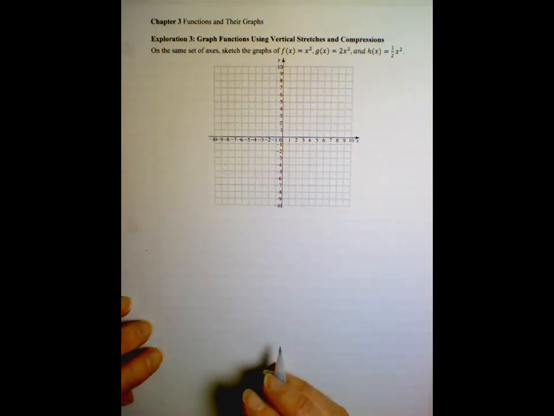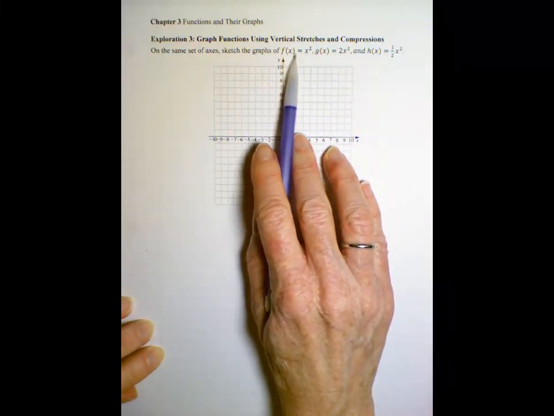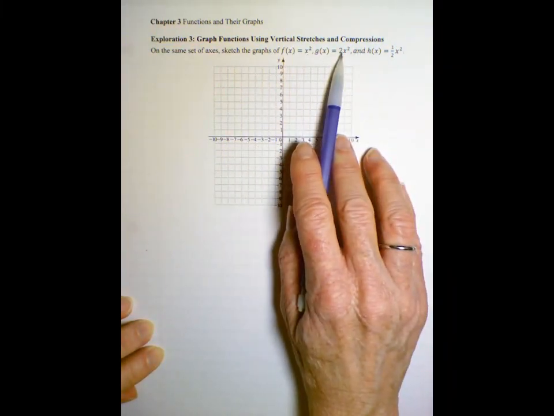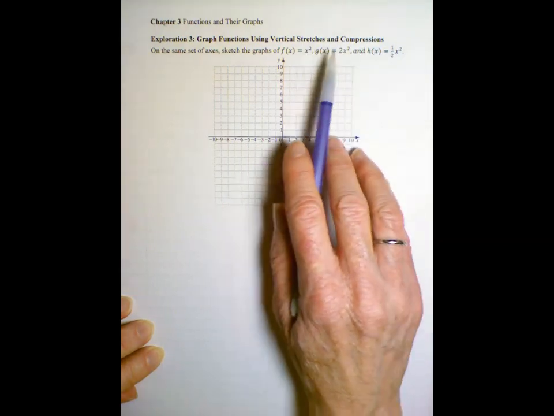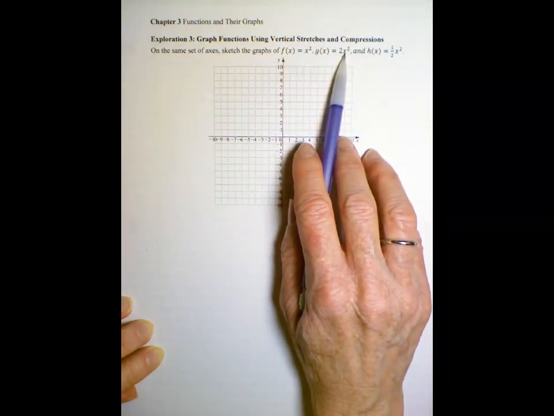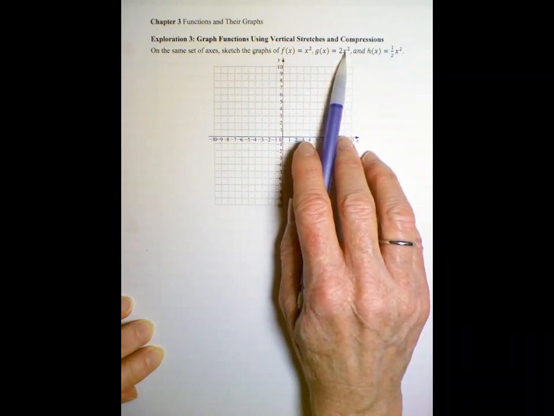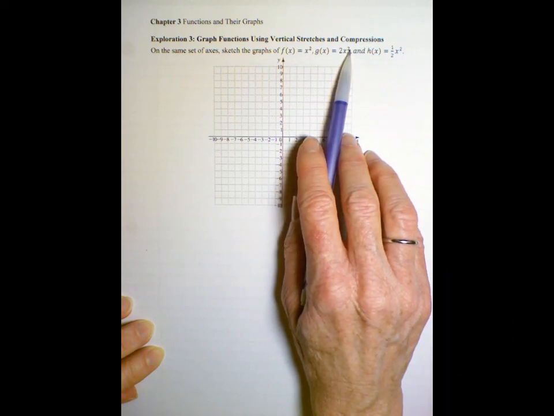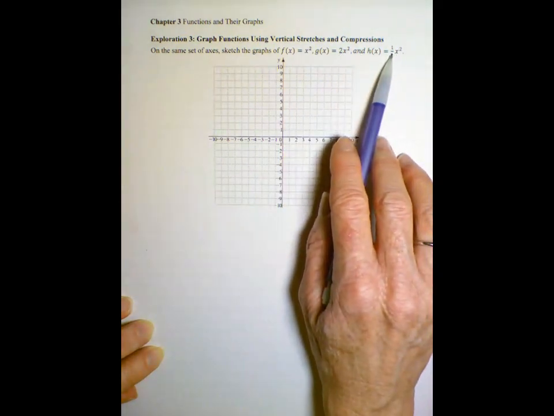So now let's look at what happens when we start with a parent function such as the square function. And now instead of adding or subtracting anything, we're going to multiply. But again, notice the first thing you do is raise to the power, right? You would evaluate by substituting a number in for x, then you would square before you multiplied.